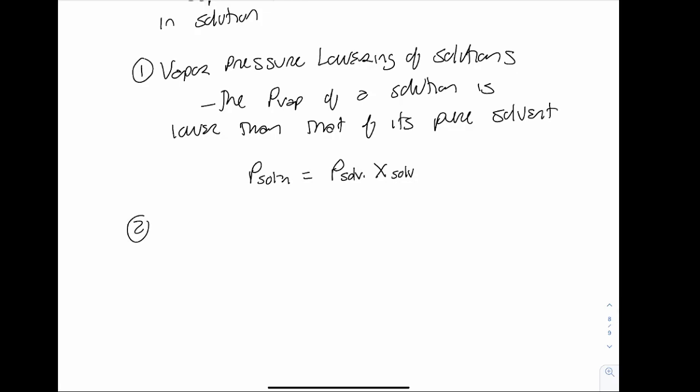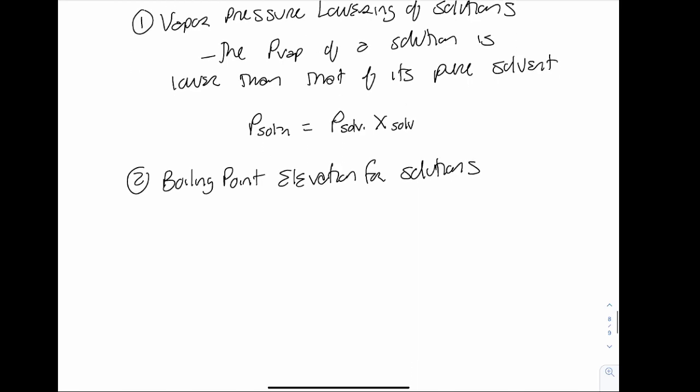Our second one is going to be boiling point elevation. So the name kind of tells us what it is. If we were to compare the boiling point of a solution to the boiling point of a pure solvent, the boiling point of that solution is going to be higher.